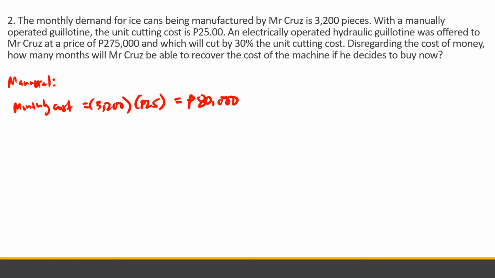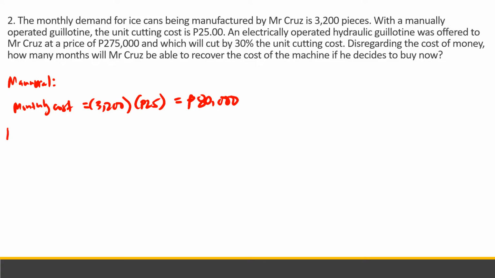Now Mr. Cruz will buy a new machine which is electrically operated for a worth 275,000, and the good side of this is the unit cost will be reduced by 30%. So this will basically give Mr. Cruz a savings after a period of time pag nabawi na yung ginastos niya. So how long will he actually start saving?